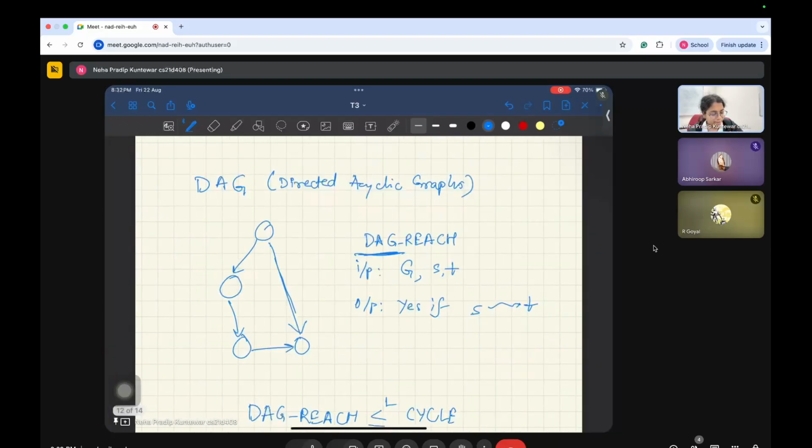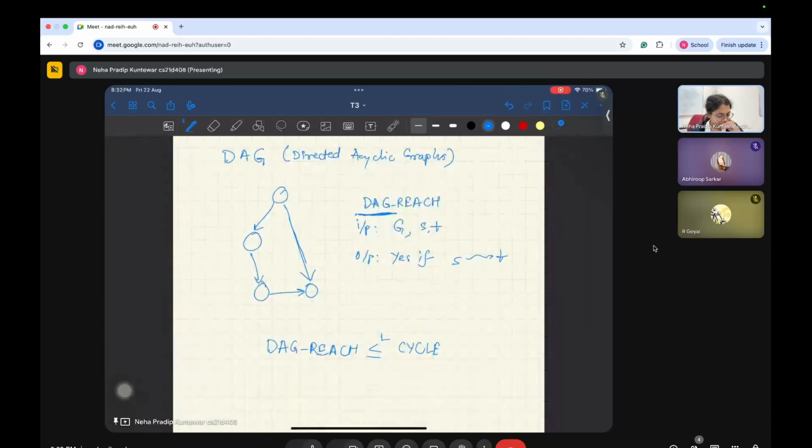So can you now think of it? In DAG reach, the output is yes only if we can move from S to T. But then the DAG will ensure that I can only reach from S to T and not from T to S, because both cannot be simultaneously true.